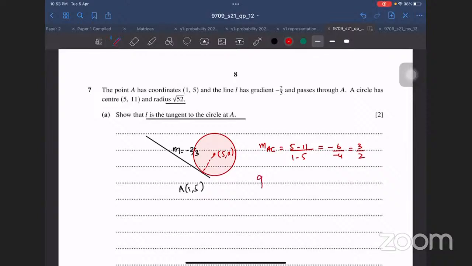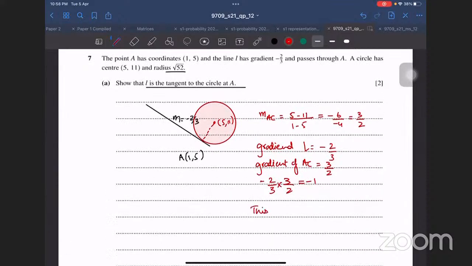So since the gradient of L is minus 2 over 3 and the gradient of AC is 3 over 2, the product is equal to minus 1.